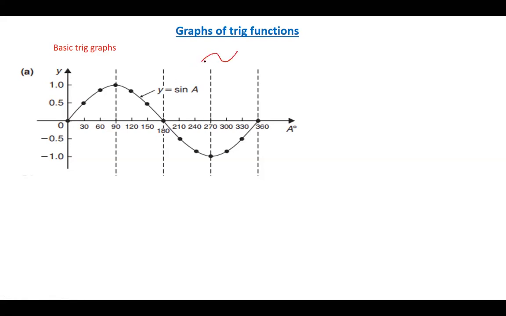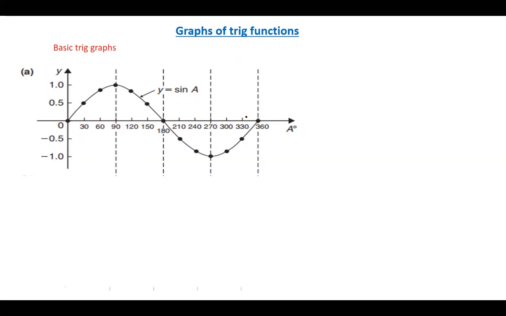If it's a negative sine, it will come out like this. If it's positive sine, it will come out like that. If it's negative, it will go down like that.